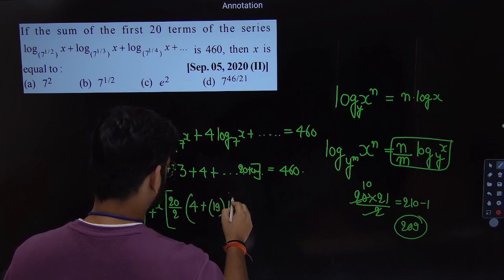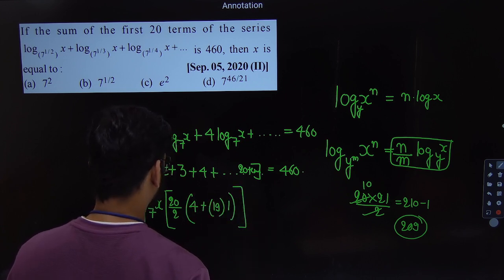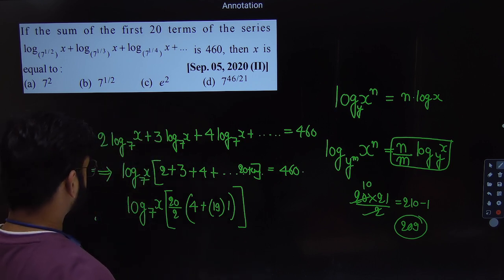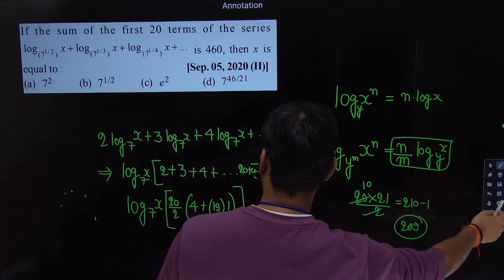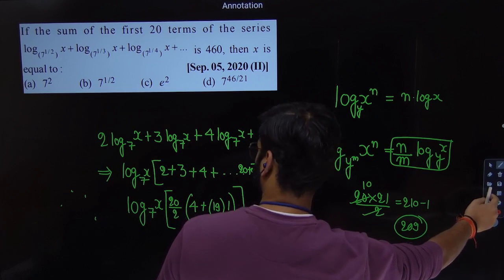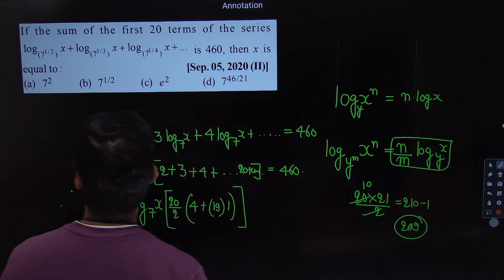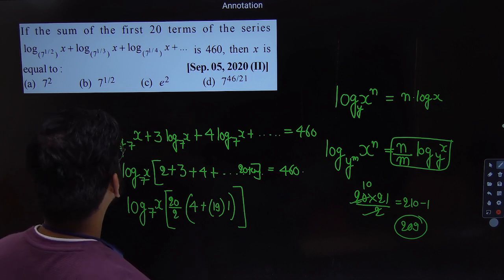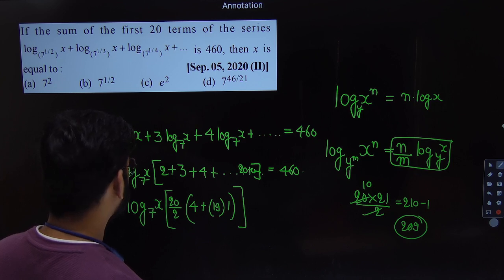Common difference is 1. 20 terms are there, right? 2A plus n minus 1 into D.